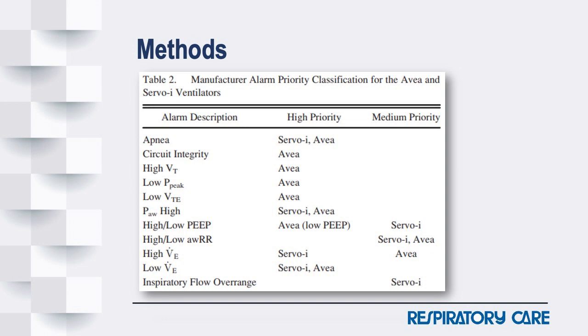You can see several on the lower right-hand corner of this table for the medium priority alarms. Couple of those for one vent, couple of those for another vent. I think nothing earth-shattering here, just leveling the playing field to remind everybody of which alarms were high priority and medium priority for each of the ventilator types that they were looking at.